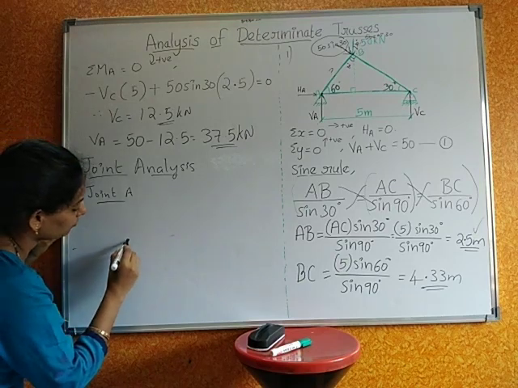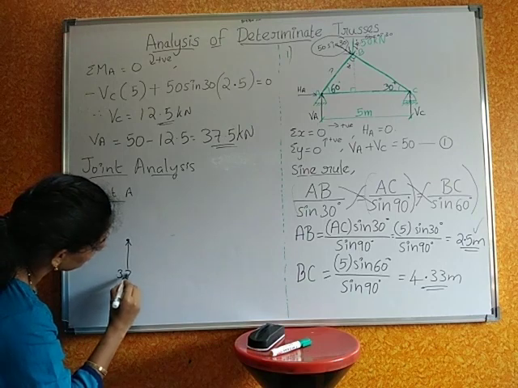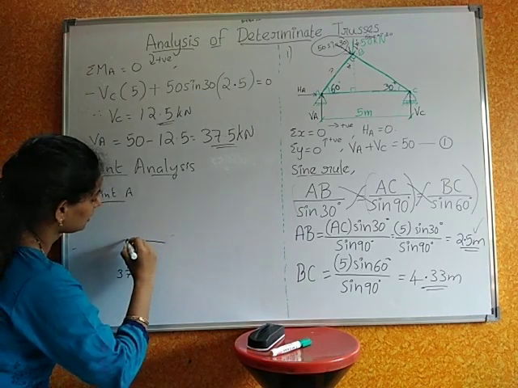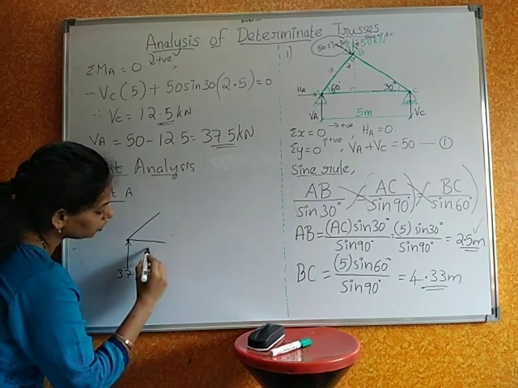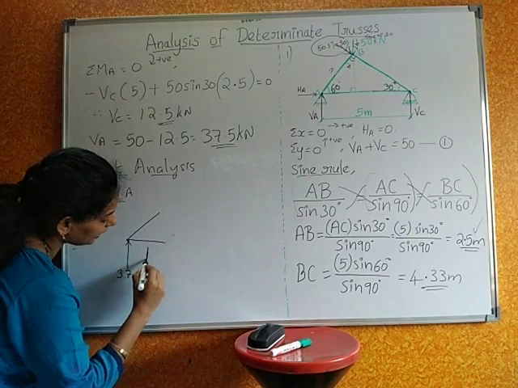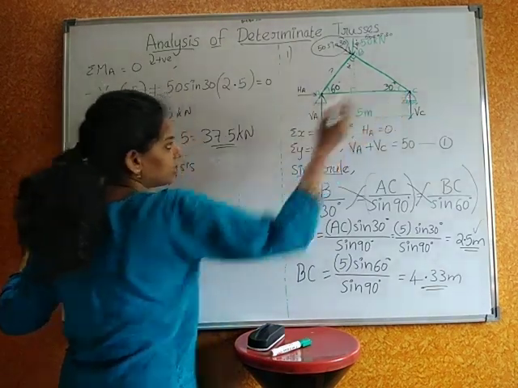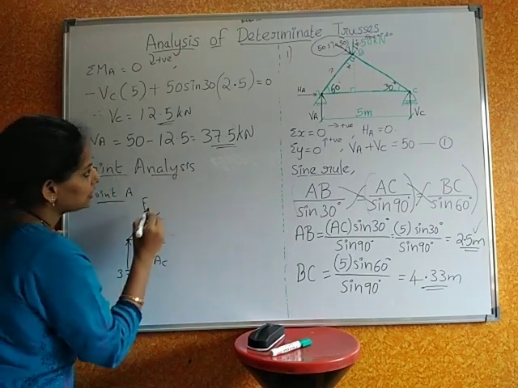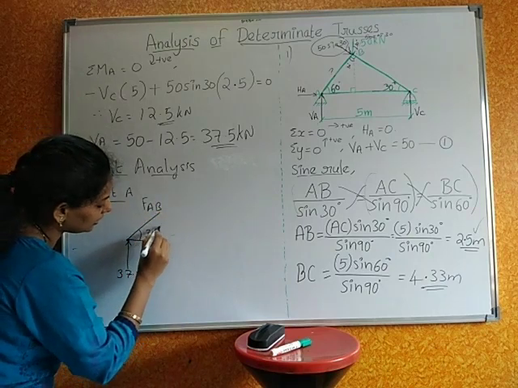At joint A, we have VA. What is the VA force? That is 37.5. Then we have one member along this side and this member. For naming, first write F, which is the member force, and then the member name, that is FAC. Here it is FAB. This angle is 30 degree.